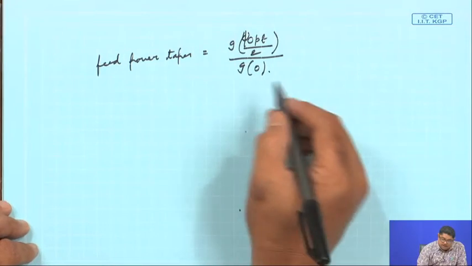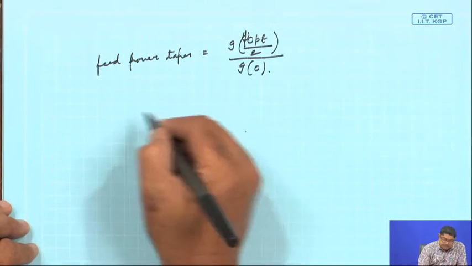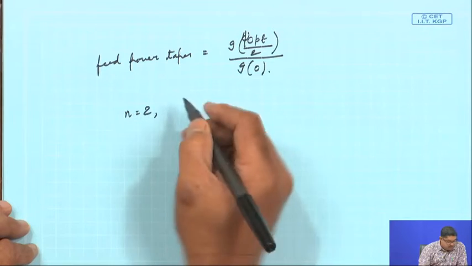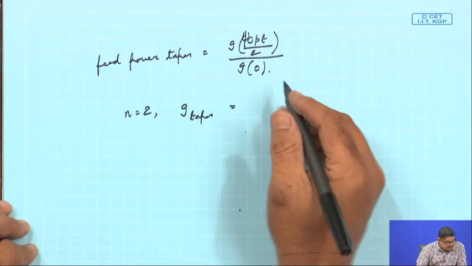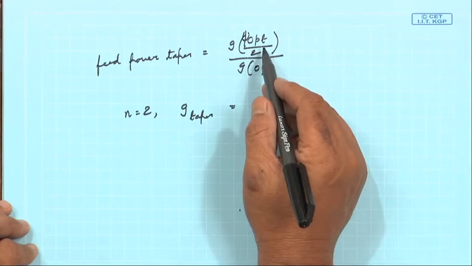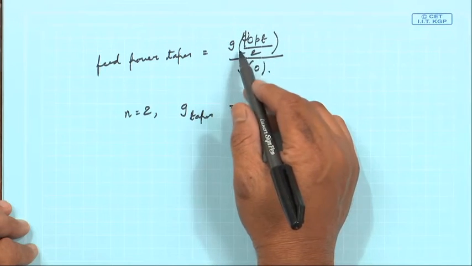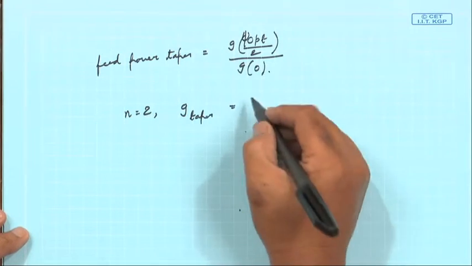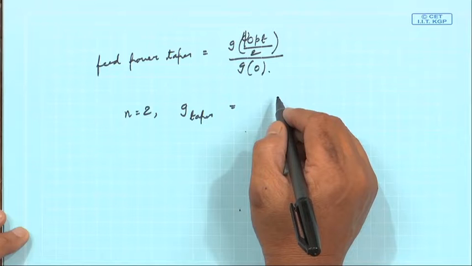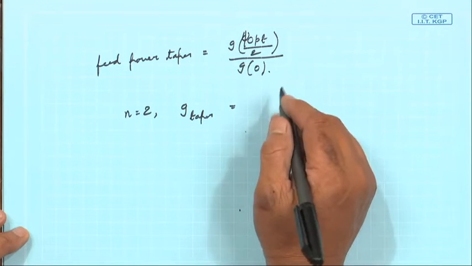So, for n equal to 2, we can write the G taper will be, so this value was 130 degrees, so G of 65, you can put it, and please remember here it will be 10 log because it is a power pattern.